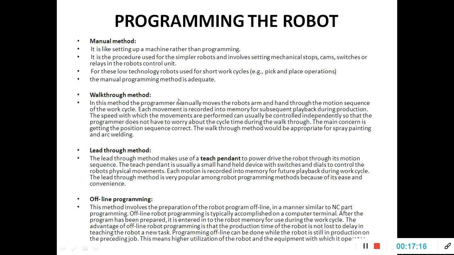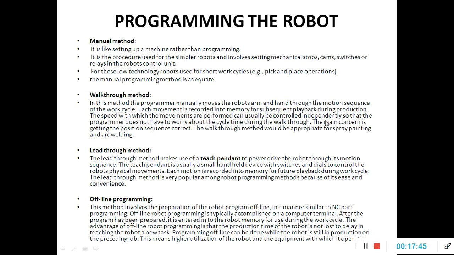Only a small control unit is used for the movement of mechanical cams or stops, switches, relays. So the whole machine is not controlled with the help of a program, only that particular part. These are mainly used for pick and place operations where only a small amount of control unit is required. That is known as the manual method.